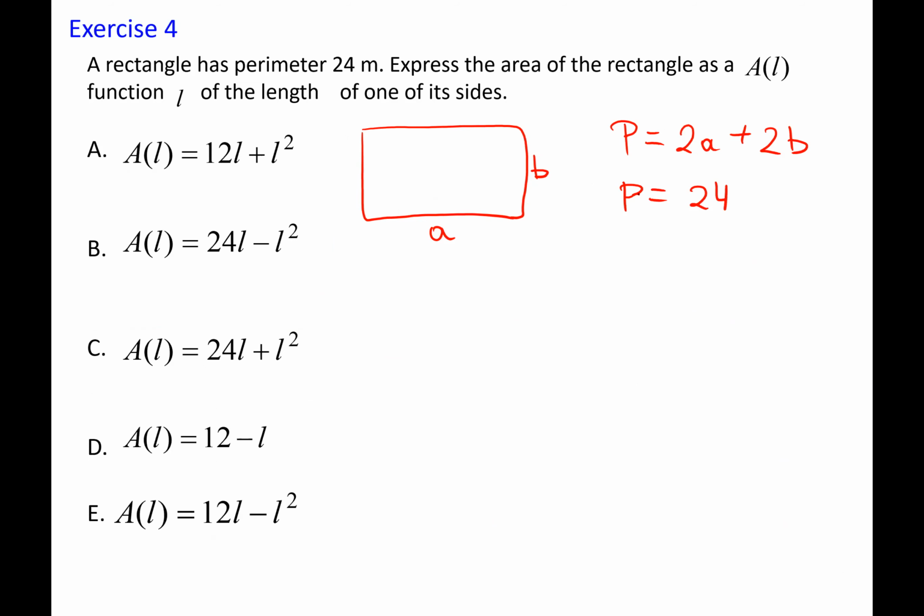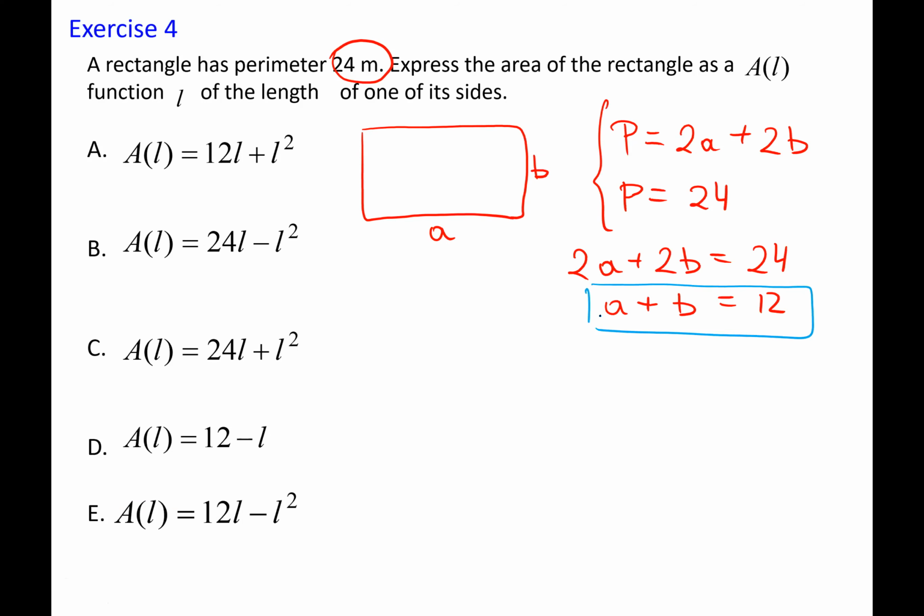I can say that 2A plus 2B is 24. Dividing each term by 2, I get A plus B is 12, a little bit easier. So we have a relation between A and B: their sum is 12.